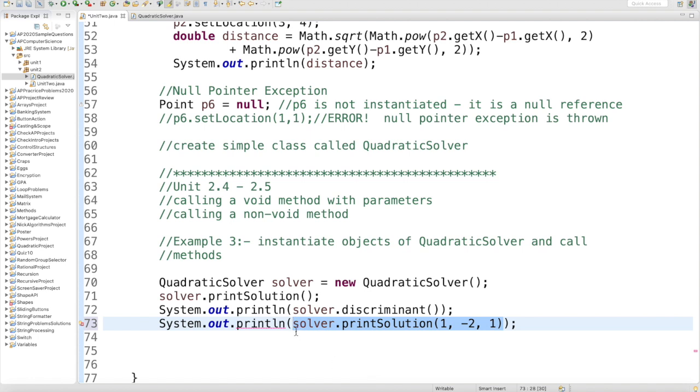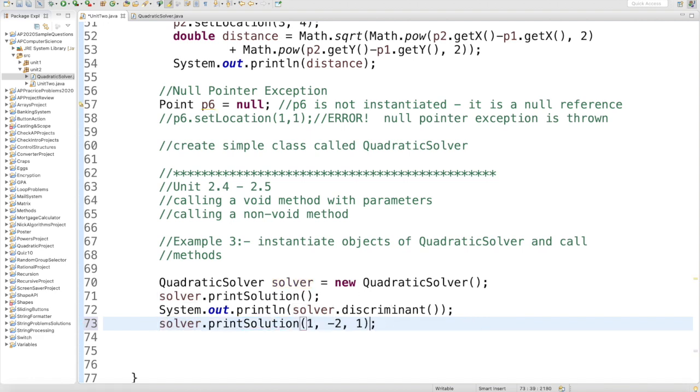So I can't put it inside of a print statement, because there's nothing being returned here. This simply prints the answer. So I can't print the print. That doesn't make sense. So what I'm going to do is get rid of this print.